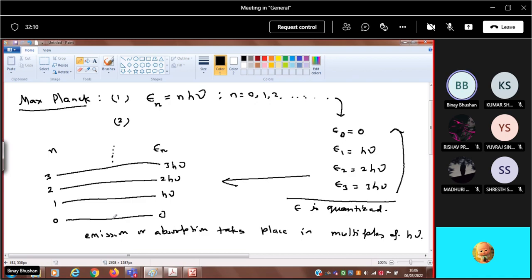Similarly, when an oscillator goes from the zeroth level to the third level, then it will absorb radiation of energy 3h nu. It's similar to what you have studied in the case of the hydrogen atom.